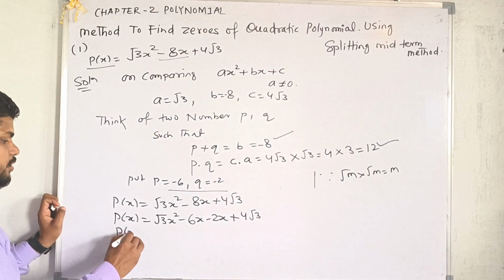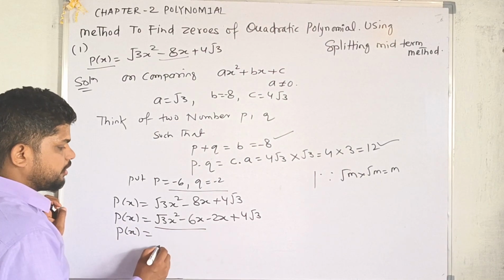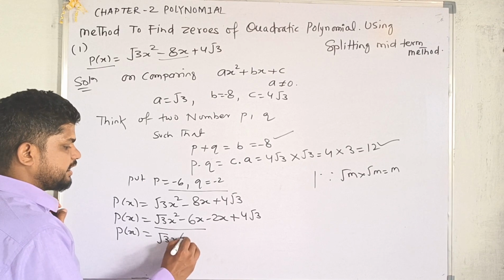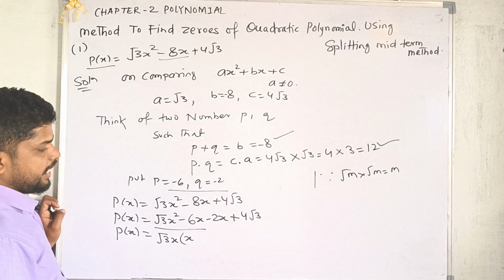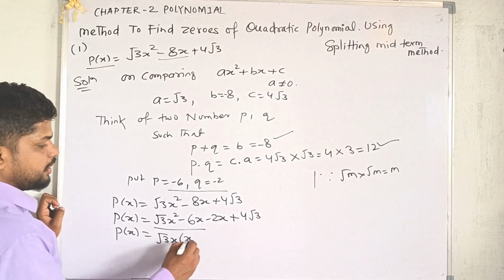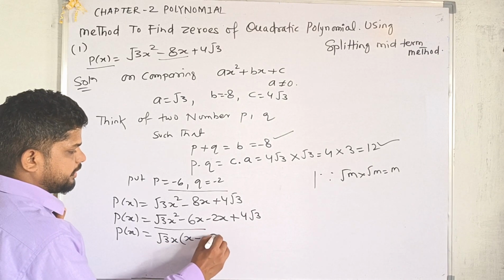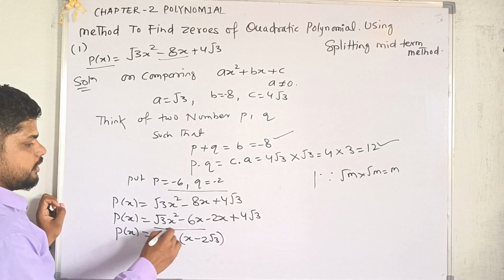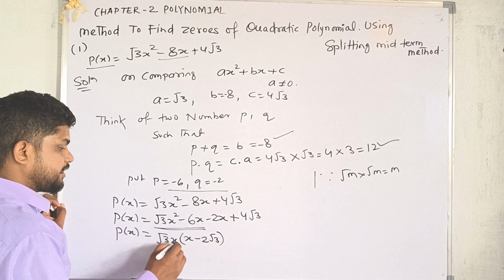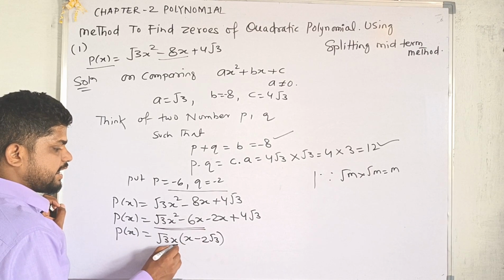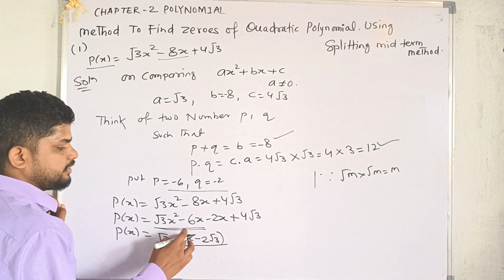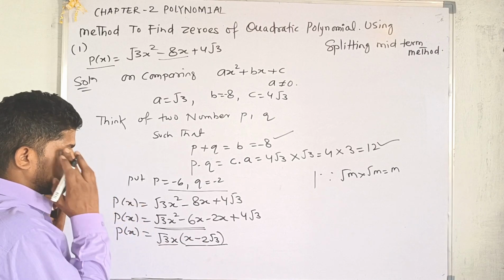From the first two terms, if we take root 3x as common, x will remain here, and here we will get minus 2 root 3. So root 3x square minus 6x will give us root 3x as common, and the remaining term lies inside the open bracket: x minus 2 root 3.